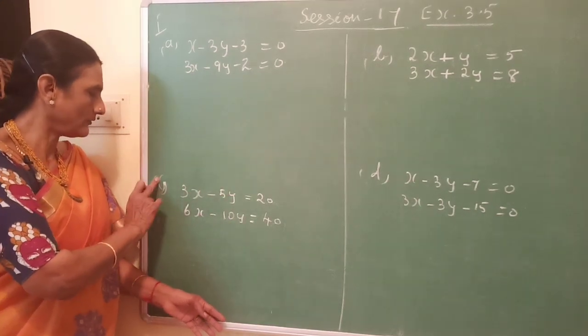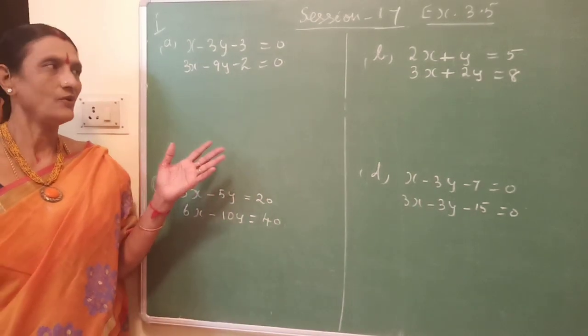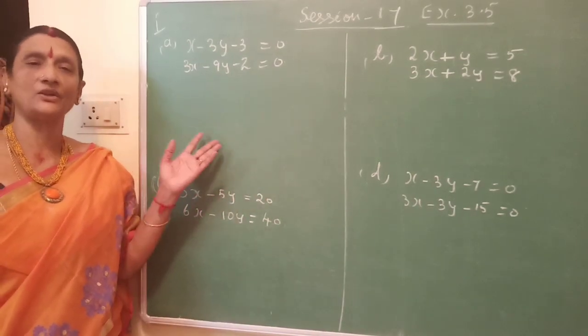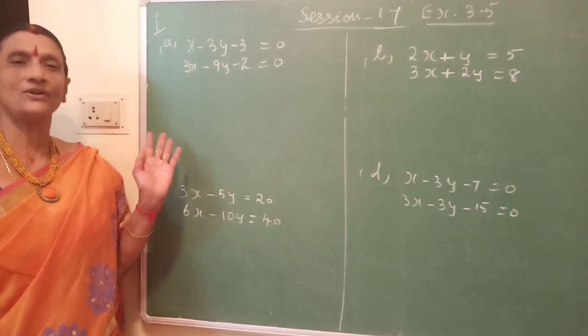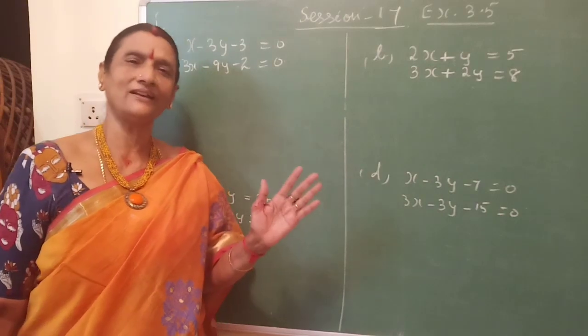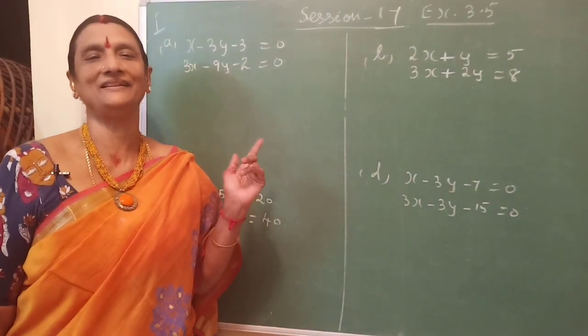Now the question is asked like this: find out which of the following equations have unique solutions. If the solutions are unique, find them by applying the cross multiplication method.